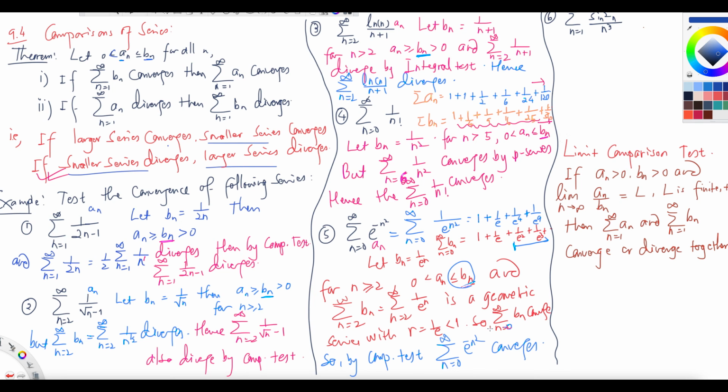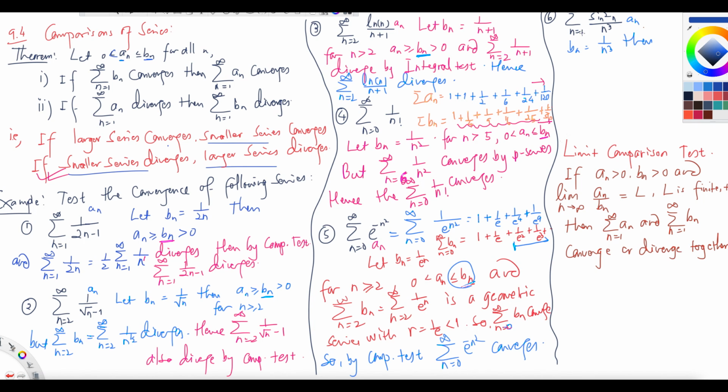Okay, guys. So the next thing is this series. Suppose that this is a_n, and let us suppose that b_n is 1 over n cubed.